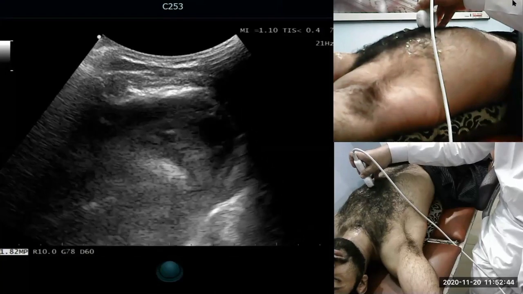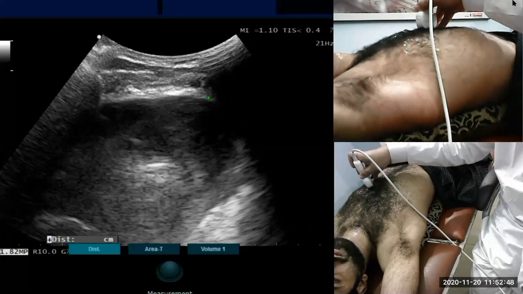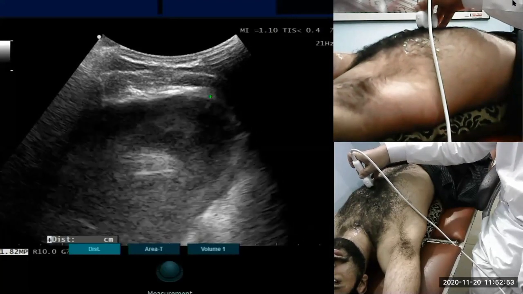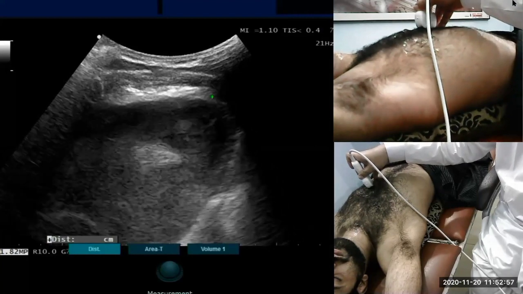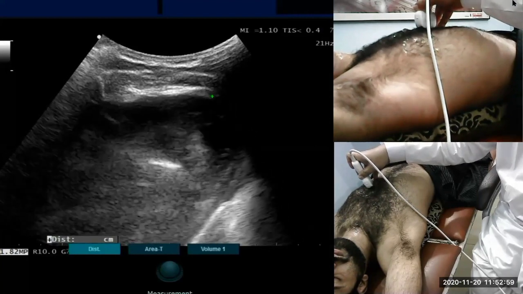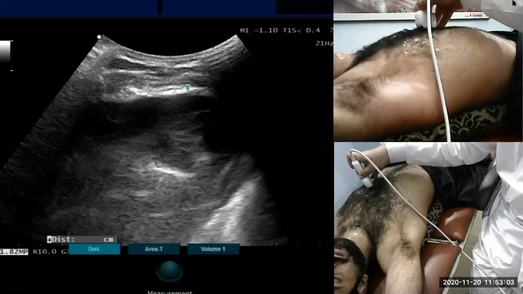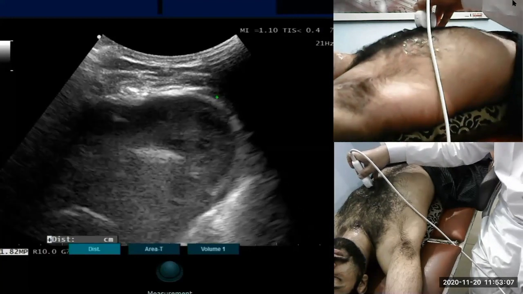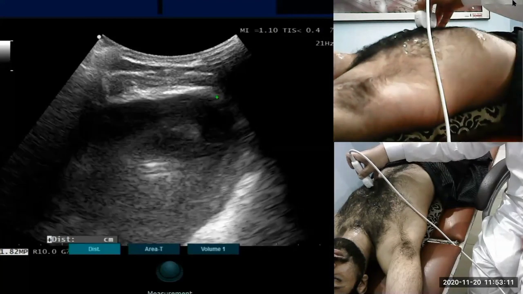You can see the space appearing here, the pericardial, at the apex here. We don't see it here, but here you can see the space, the pericardial. So between the myocardium and this pericardium, the parietal, we will see if there is any effusion. We can tilt the patient to the left as well.